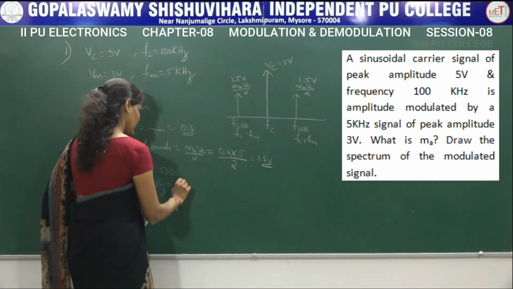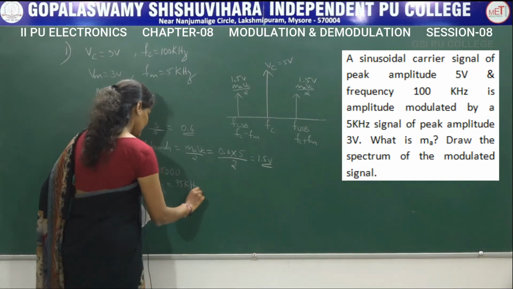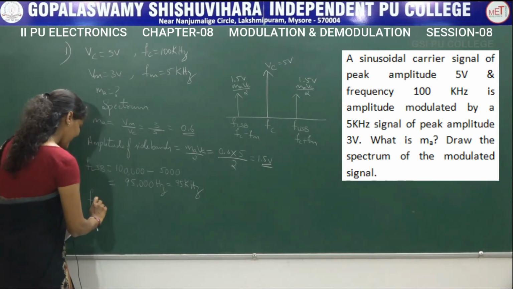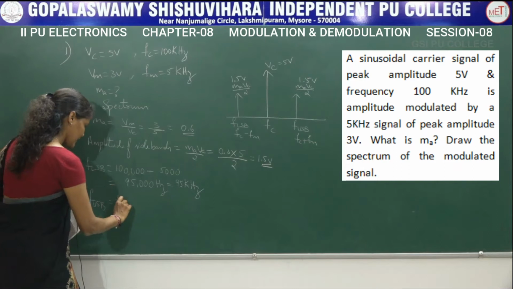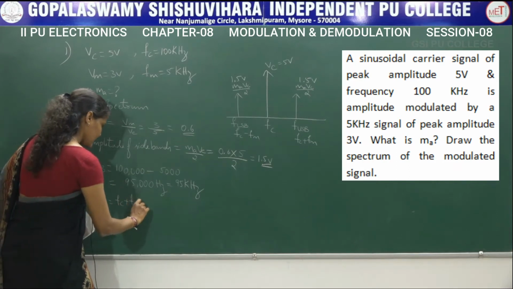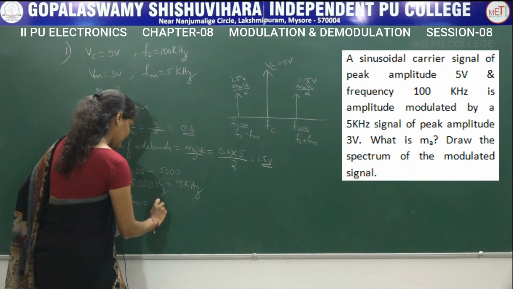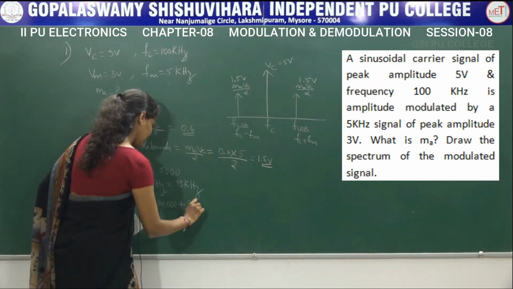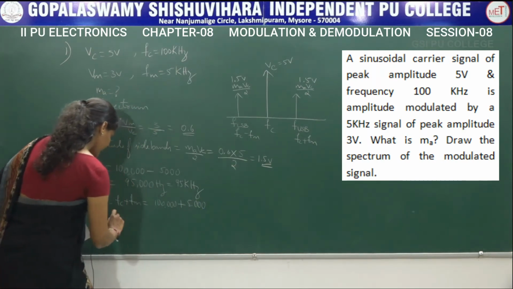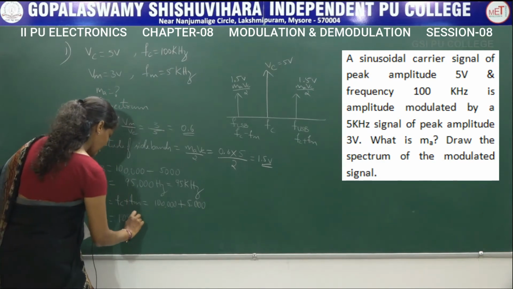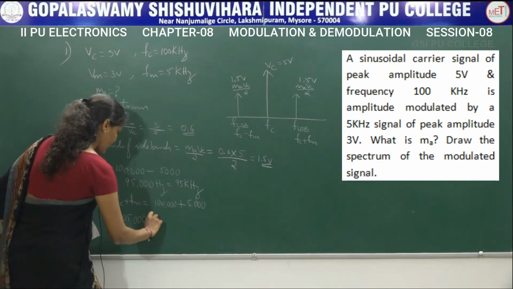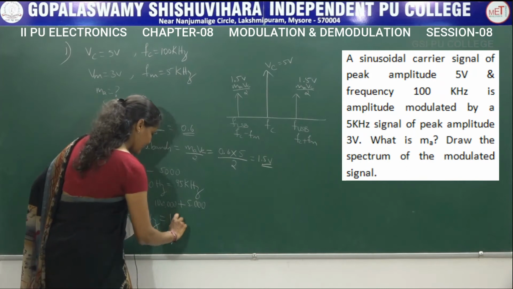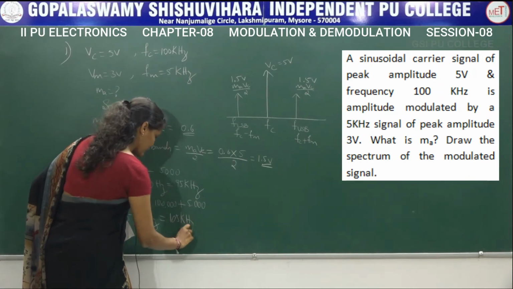Similarly, FUSB is given by Fc plus Fm, which is 100,000 plus 5,000, giving 105,000 hertz or 105 kilohertz.